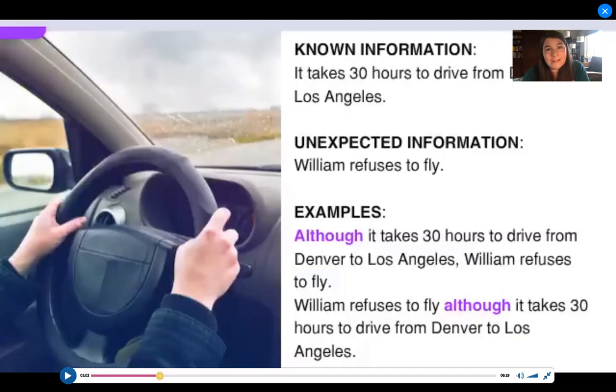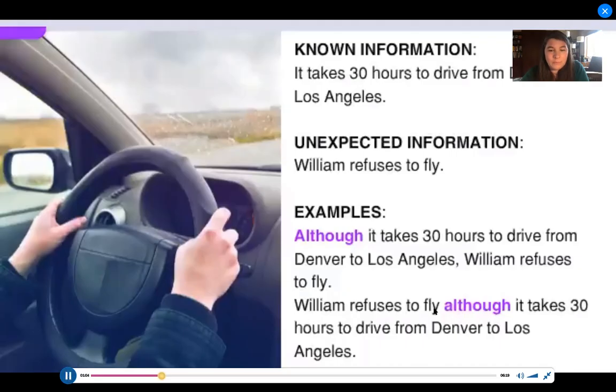So the surprise is he's not going to fly. We use although in this part that is not surprising. It takes 30 hours. That's how long it takes. So although it takes 30 hours to drive, William refuses to fly, which means he's going to drive anyway. That's the surprise, the second part.